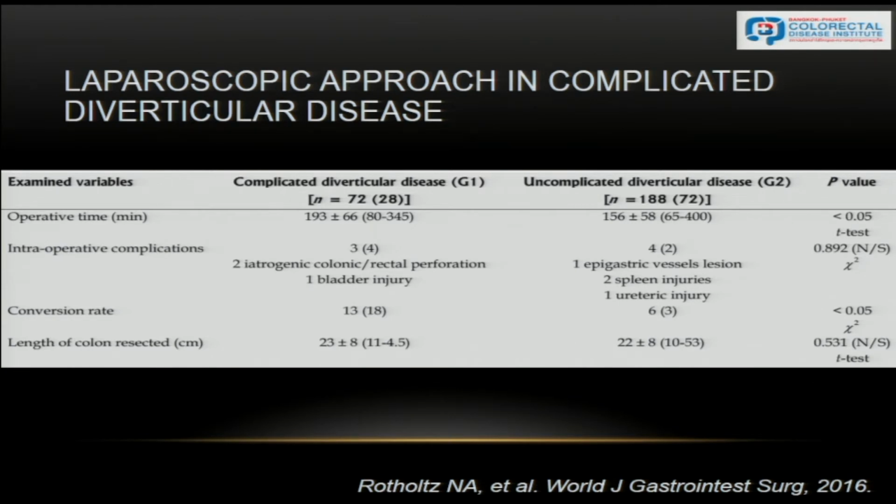This table shows the operative details on both complicated and uncomplicated diverticular disease. As you can see, of course, if you do laparoscopic surgery on difficult cases, it takes significantly more operative time, and the conversion rate is a little higher, and the length of bowel resection and the complications, luckily, are the same.